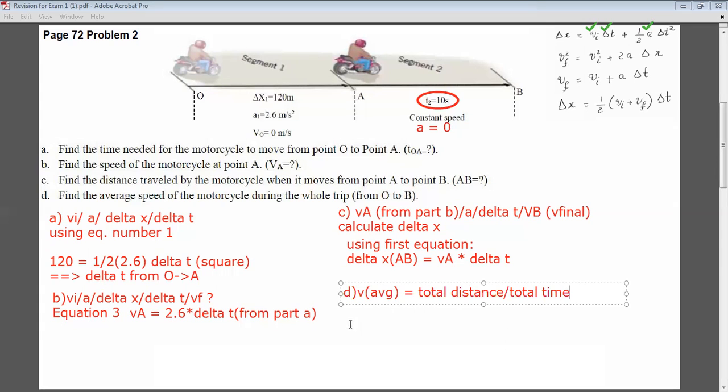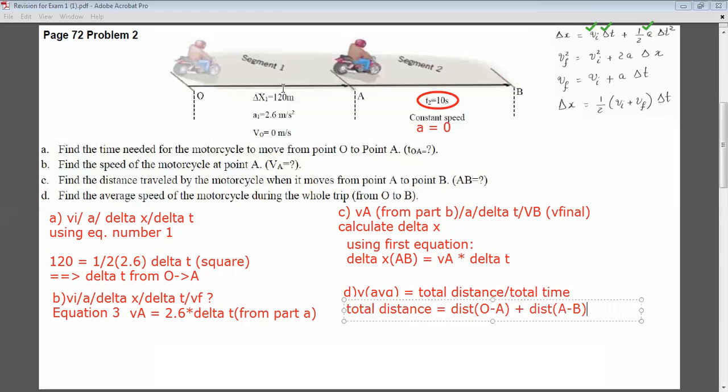Okay, so let's see if we have total distance. Total distance equals distance from O to A plus distance from A to B. Do we have these?